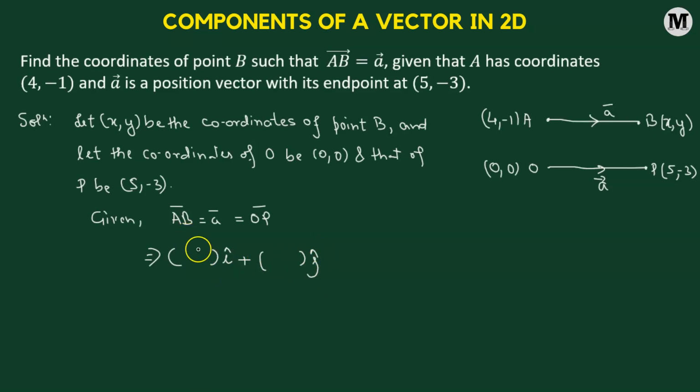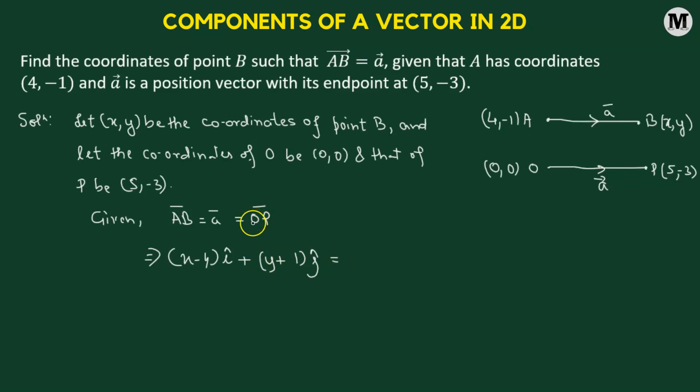Here B is the endpoint and A is the initial point, which means the difference of the x coordinates is x minus 4, the final minus the initial point. For the y coordinate, we take y minus (-1), so we get y plus 1.